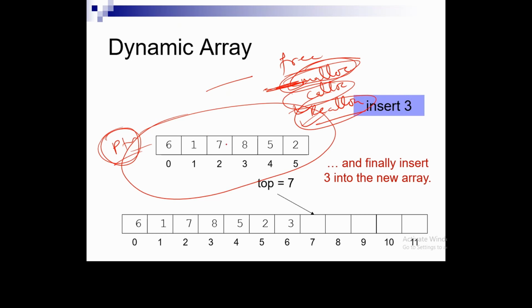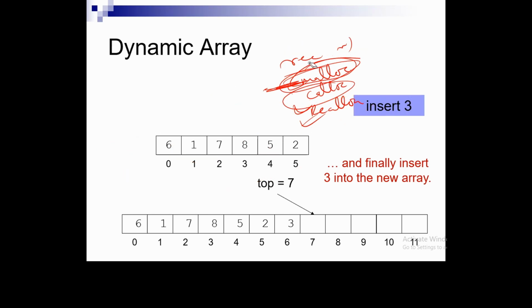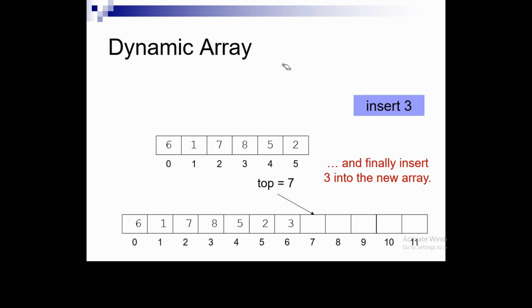Copy the elements of the previous array into the new array, and by using the free function we pass the pointer of the previous old array into free, and this memory block will be released. So what is the concept? In dynamic memory allocation, dynamically create an array, and if there is a need to increase the size, then create a new array, copy the elements of the old array into the new array, and just free the memory of the previous array.